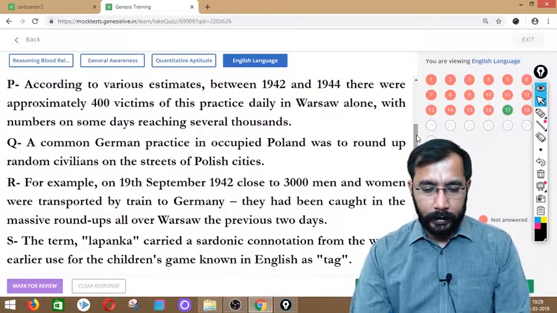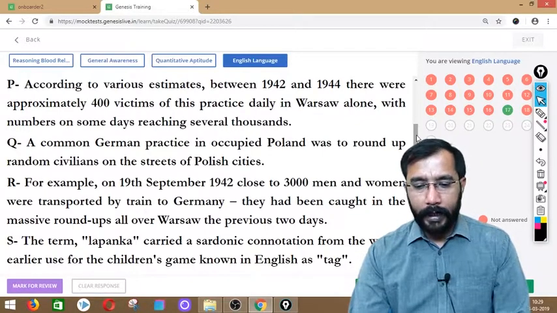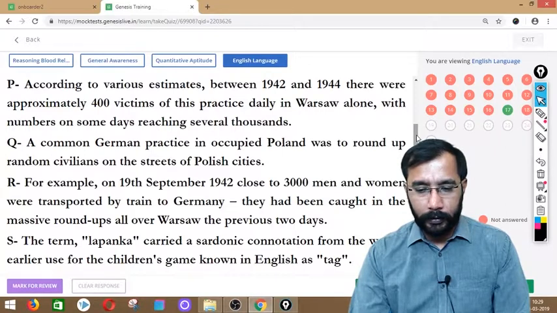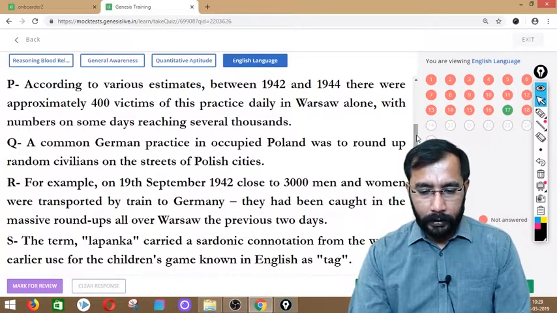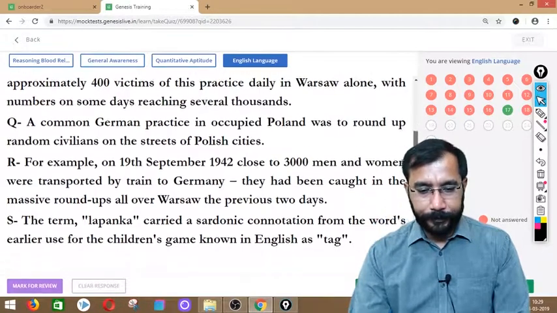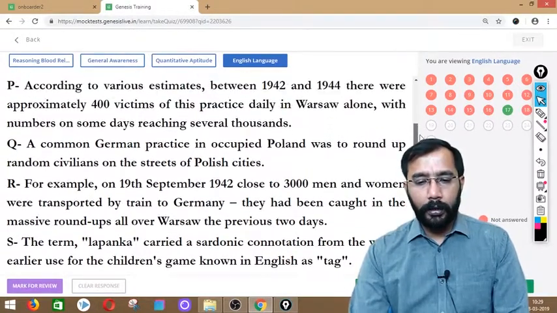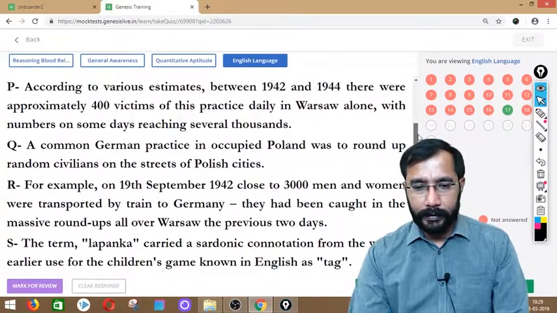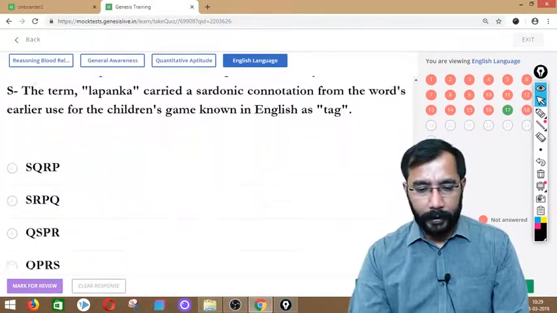The term Lapanka carried a sardonic connotation from the word's earlier use for the children's game known in English as tag. These are the four given sentences, so we will have to rearrange them.